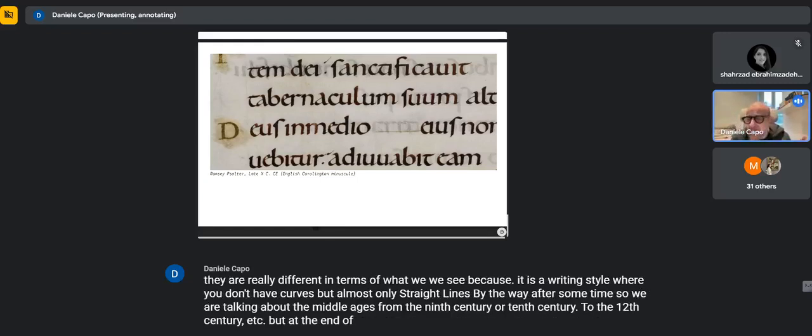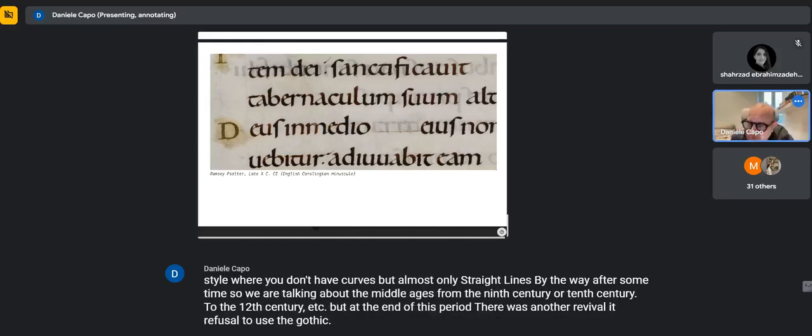But at the end of this period, there was another revival, a refusal to use the Gothic script, and a revival of the Carolingian writing. Okay.